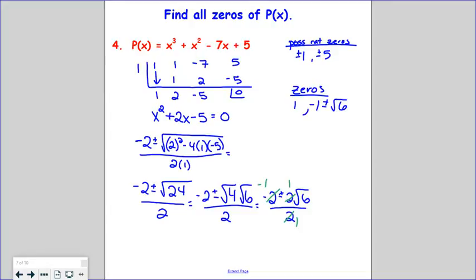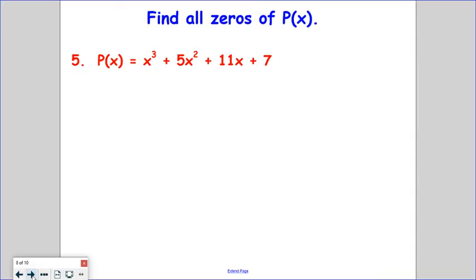Okay, last variety. This goes to the top of the directions where it says all zeros. On this one, again, if somebody can get that typed in real quick, let's look at our options here. Plus or minus 1, plus or minus 7, and that's our only list here.